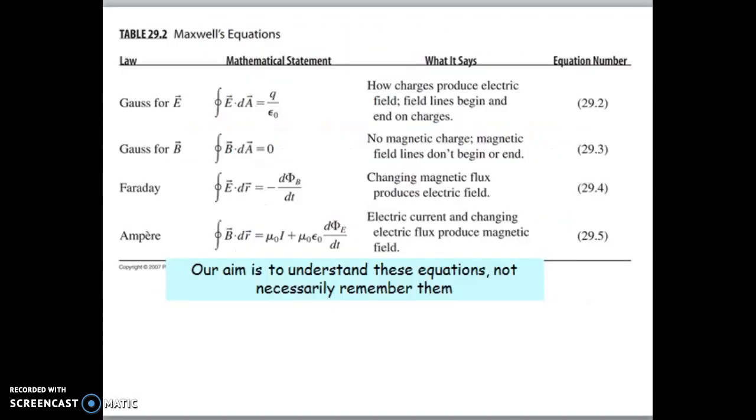Now we will consider some basic laws of Maxwell equations. As we have discussed in the previous slide, Maxwell showed four basic equations: Gauss law of electrostatics, Gauss law of magnetostatics, Faraday law of electromagnetic induction, and the Ampere law.